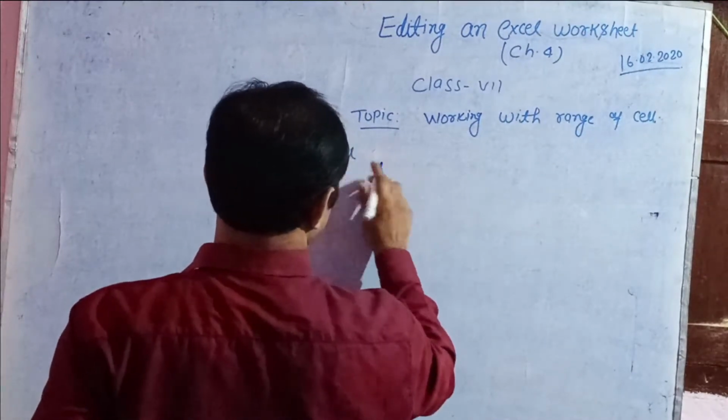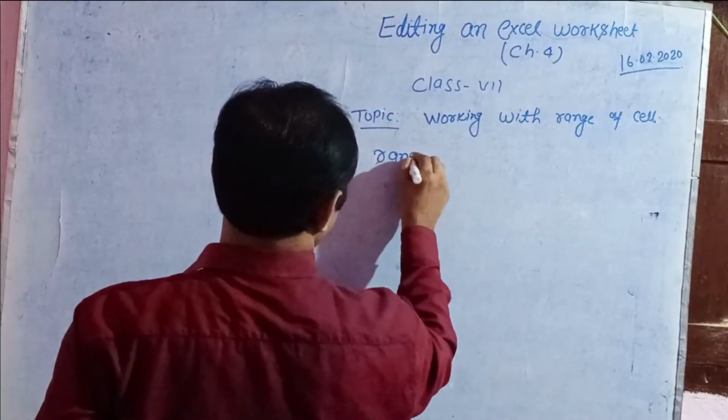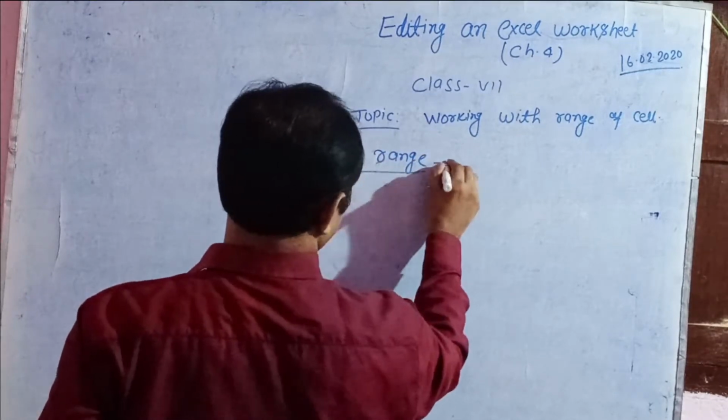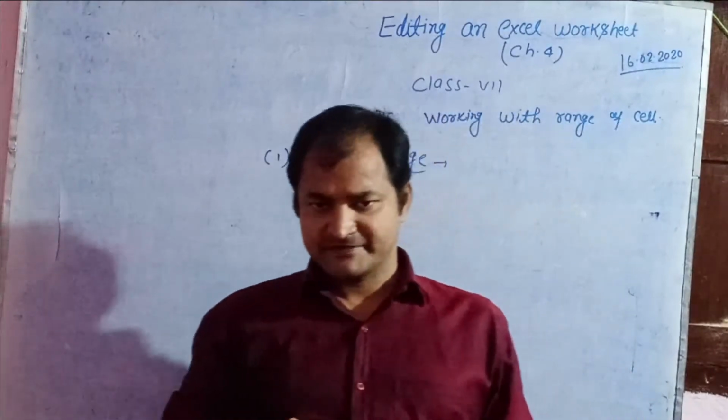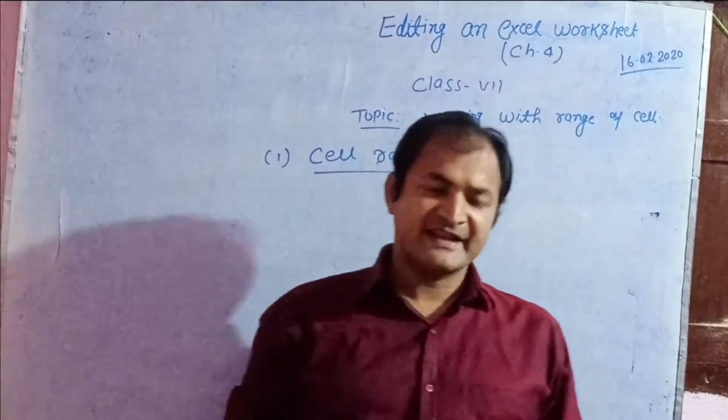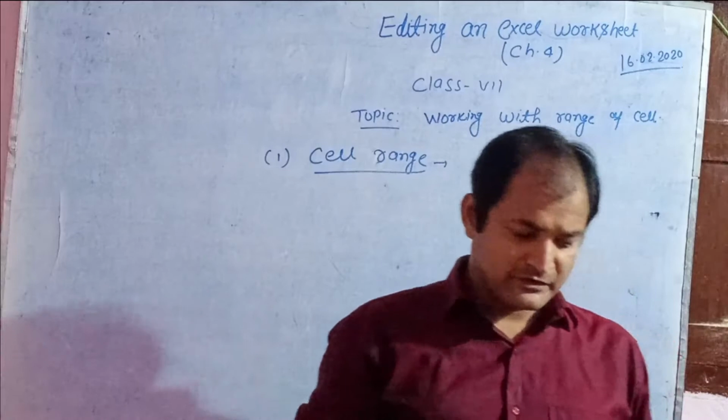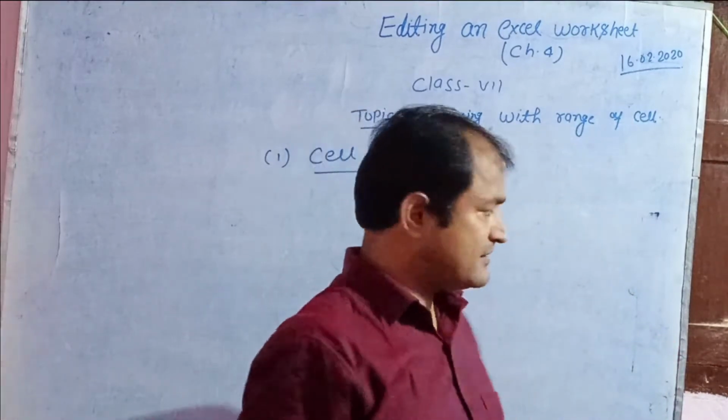What is the cell range? In a spreadsheet, a cell range is a collection of selected cells.